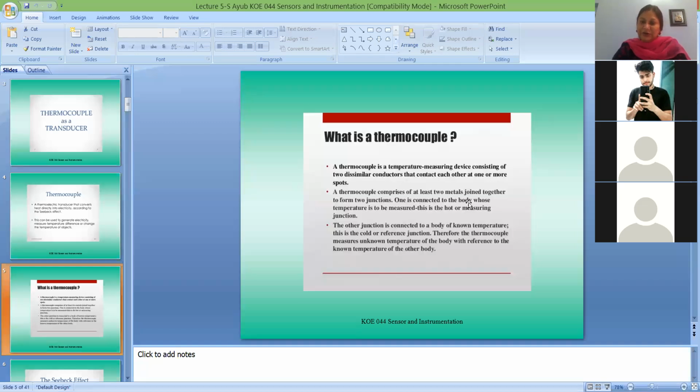One is connected to the body whose temperature is to be measured, called the hot or measuring junction, and the other junction is connected to a body of known temperature. It is called the cold or reference junction. It can be kept at 0 degrees Celsius or at any reference temperature.